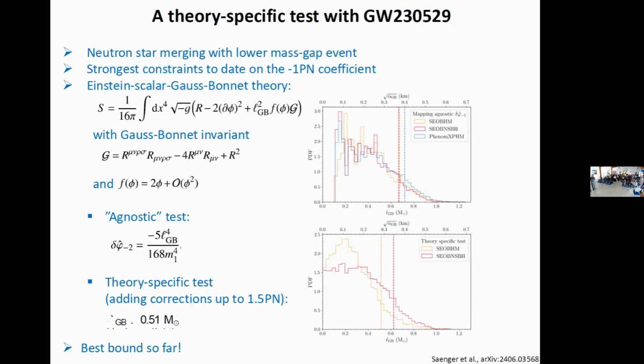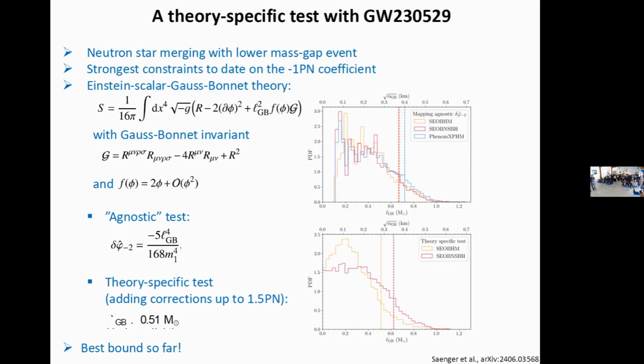Okay, so earlier in this meeting, the question was asked, is LVK only doing model independent tests? Generally the answer is yes, but people are doing tests also on real data. And here is an example of a theory-specific test with the event GW230529, which was a neutron star merging with a lower mass gap black hole probably.